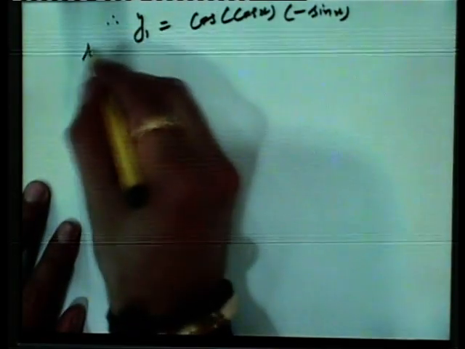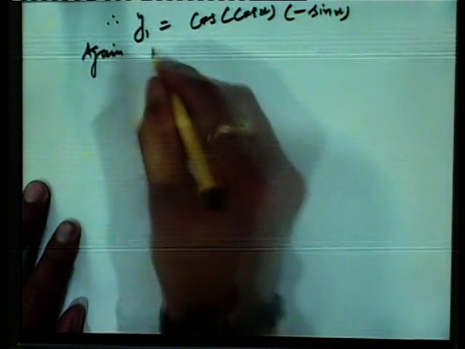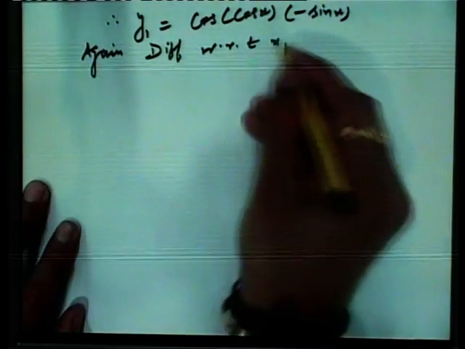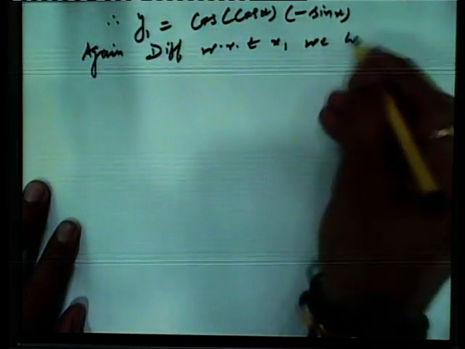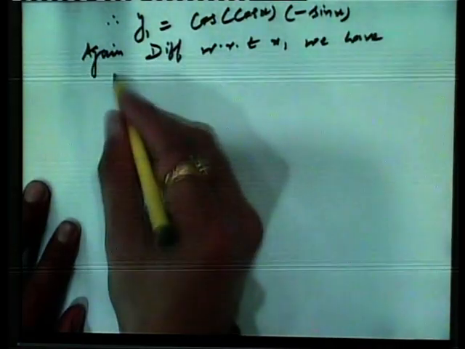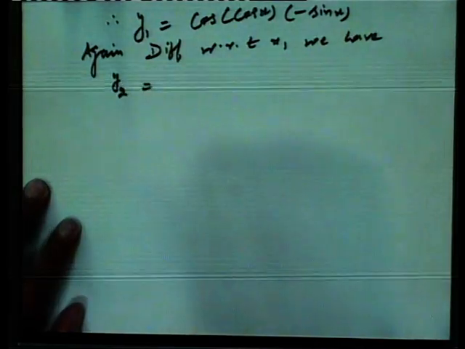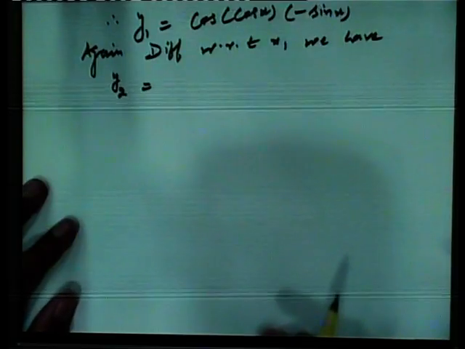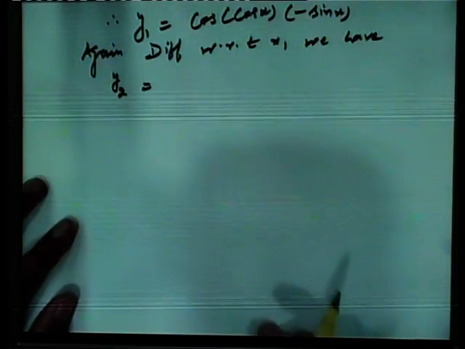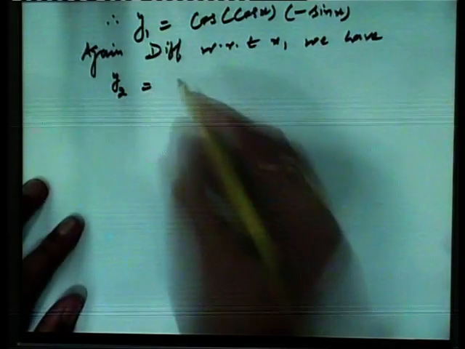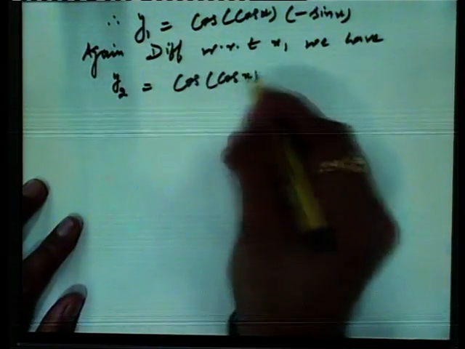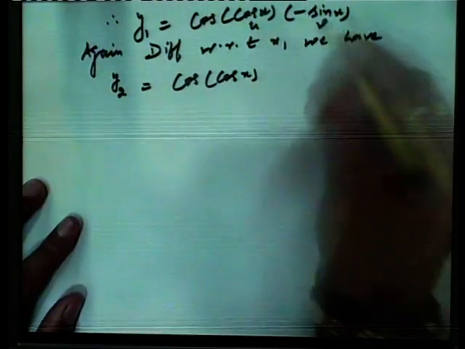Now, again differentiate with respect to x, we have y2 is equal to, now here you see that we have product of two functions. So, we apply u into v method. So, cos of cos x is u and this is v.